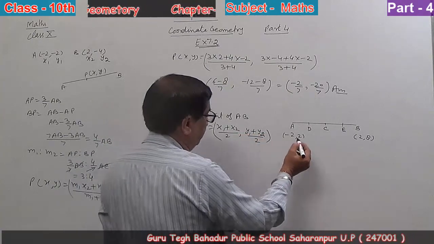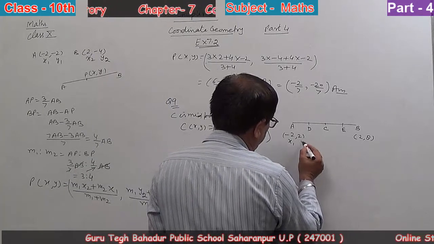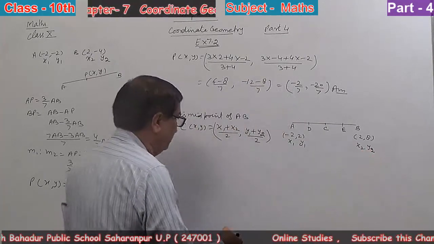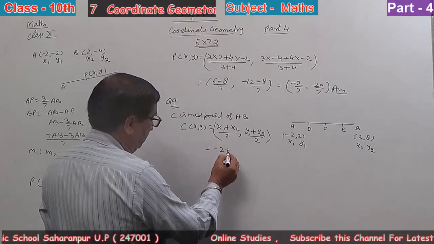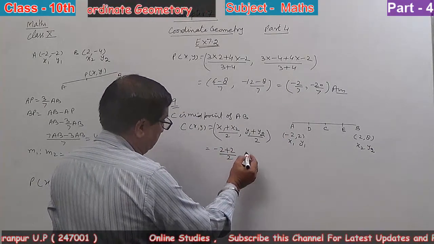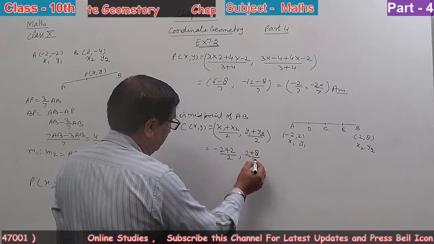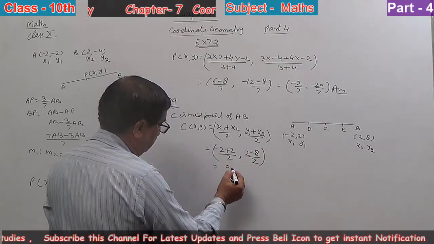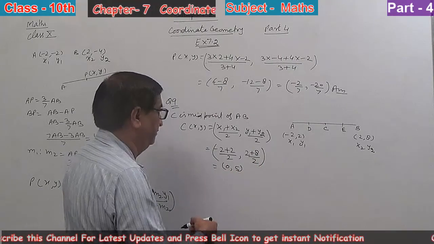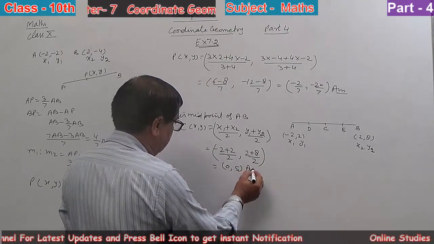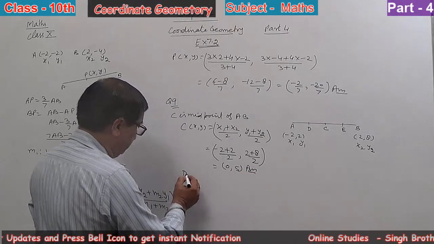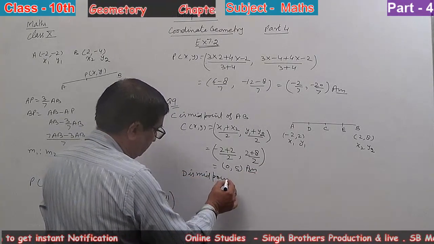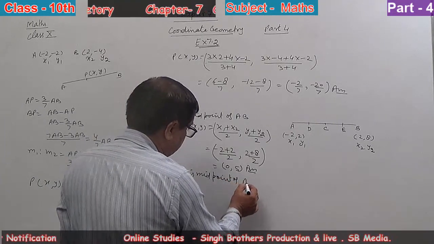Apply the midpoint formula. This is x1, y1, x2, y2. (Minus 2 plus 2) upon 2, (2 plus 8) upon 2. So that is 0, and 2 plus 8 is 10, that is 5. The first answer is this one. D is the midpoint of AC.